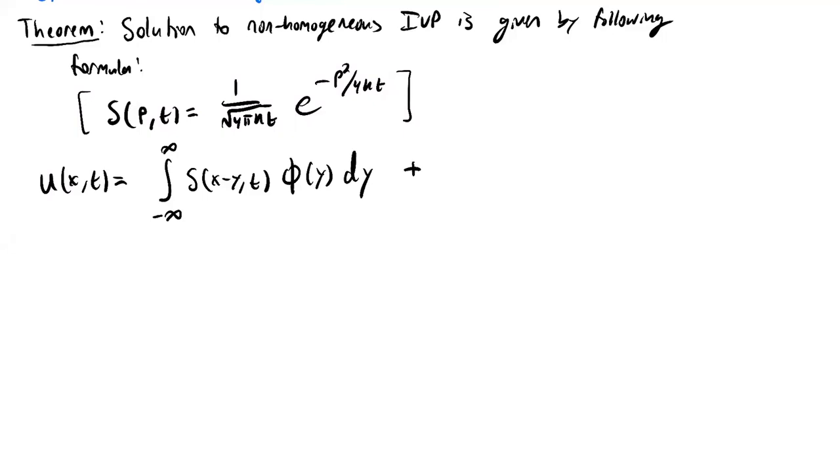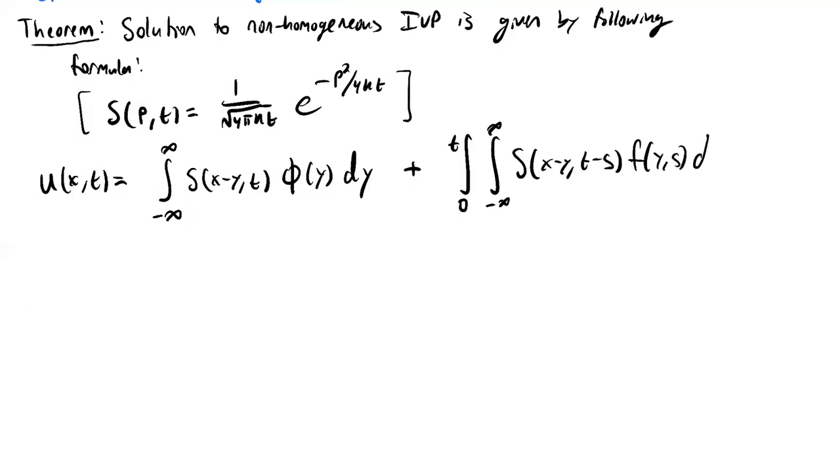The extra term is a slightly more complicated integral, integrating from 0 to t and from minus infinity to infinity of the source function applied with the function f. So I have S of x minus y, t minus s, where s is a lowercase s, times my outside interaction function f.